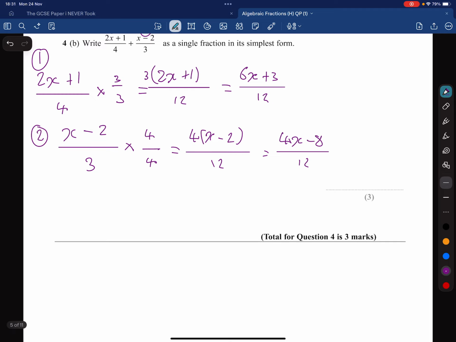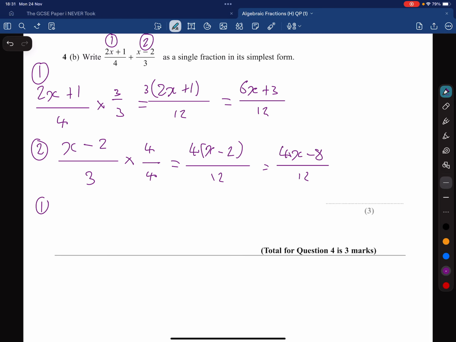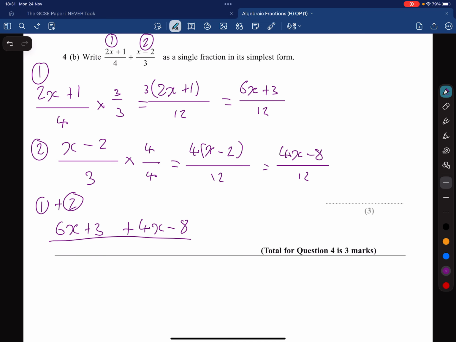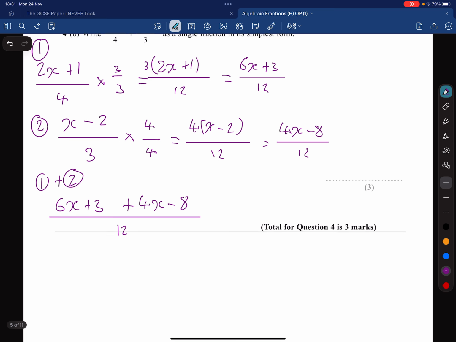Then we combine 1 and 2, so that will be (6x plus 3 plus 4x minus 8) all over 12, and that is equal to (10x minus 5) all over 12.